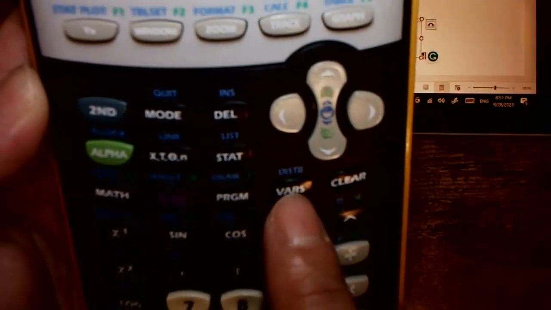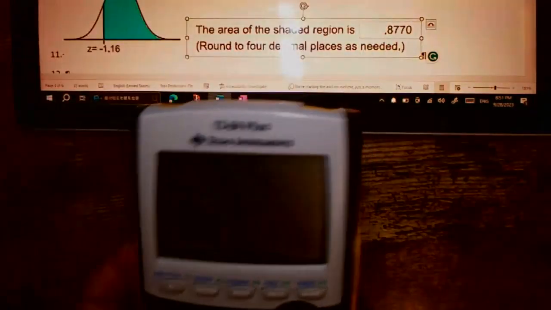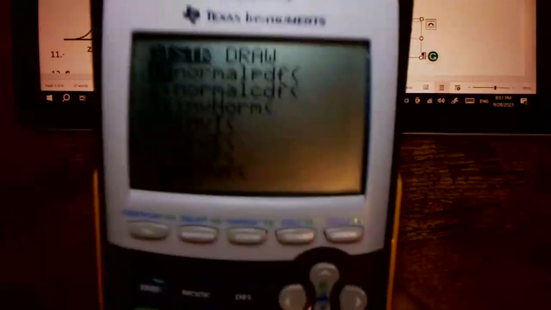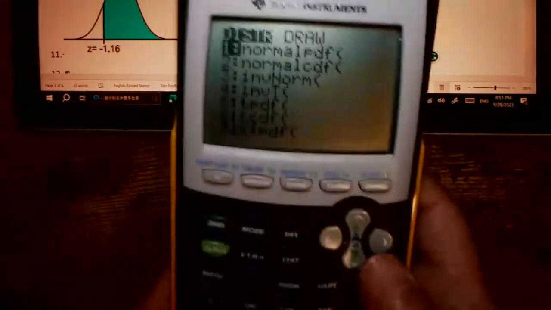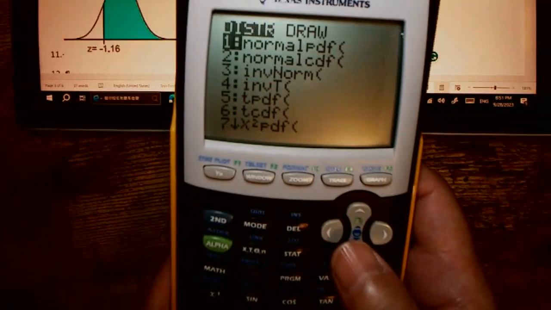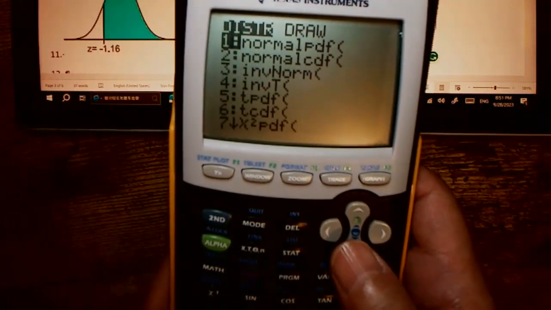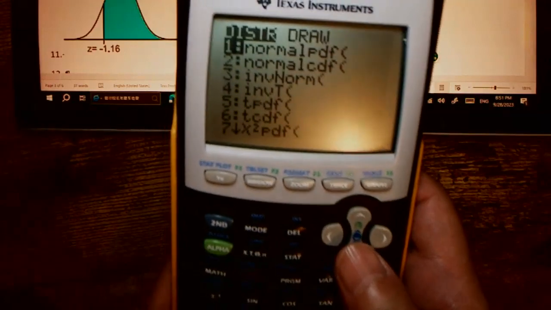You turn on your calculator and then you enter second VARS. You would have this distribution list, right? We actually had that earlier. And you see the first two, how important the normal distribution is. The first two are about normal distribution.